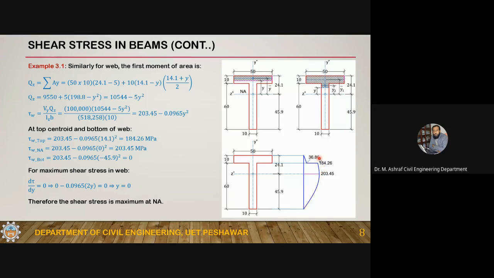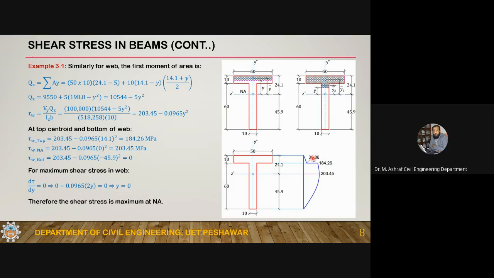So this is 38.86 in the flange, but as you are coming to the web, you have 184.26 at the same location. This is the bottom of the flange, and this is the top of the web. So this is in the web and this is in the flange. In the flange the maximum stress is 36, but at the junction the stress is 36.86, while in the web the stress at the junction is 184.26.